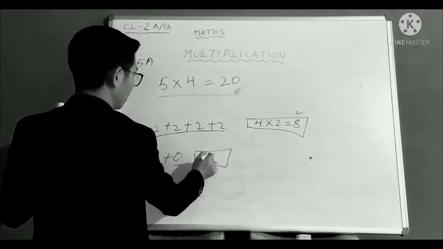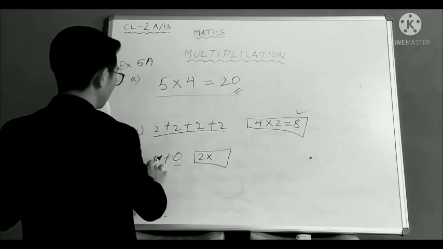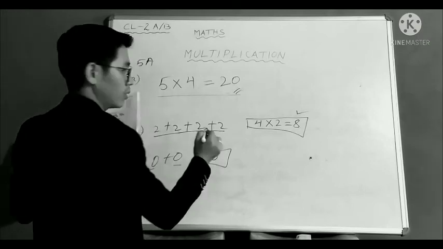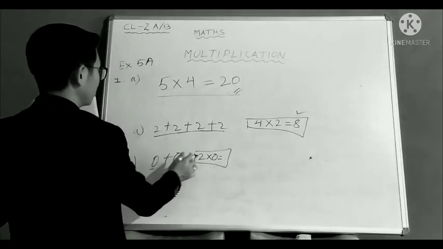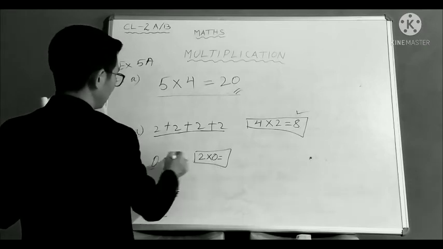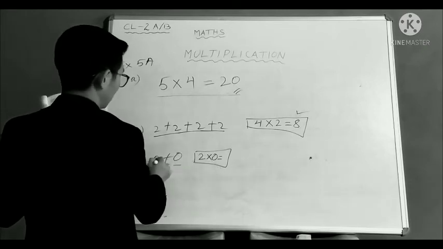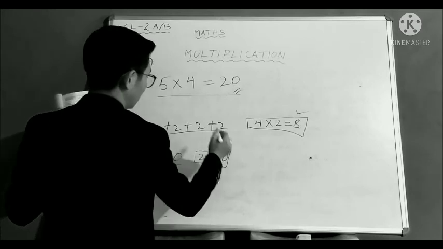So just write 2, multiplication sign, and which number is there? 0 is there, just write 0. Equals 2 zeros, 0 number. So 2 zeros is 0.